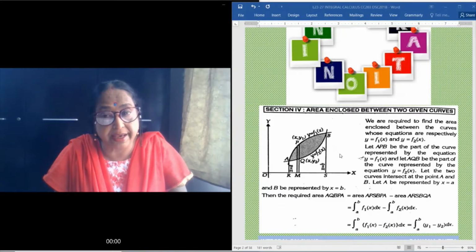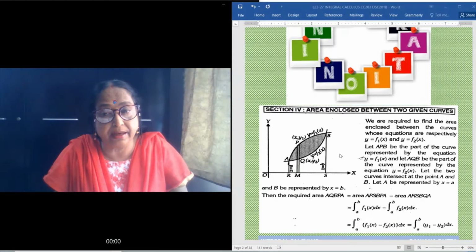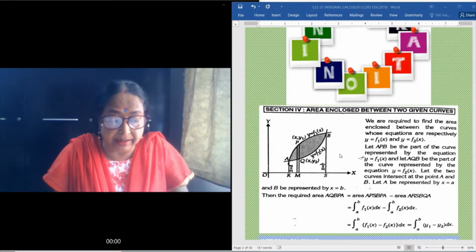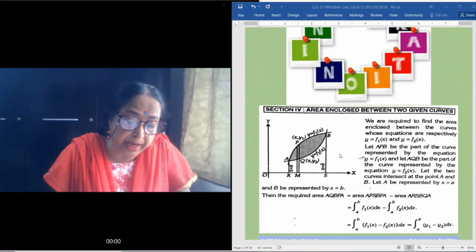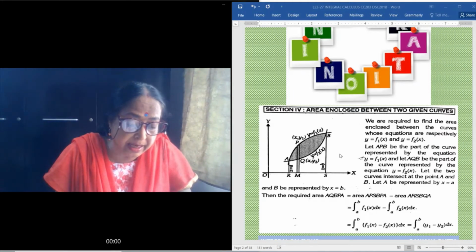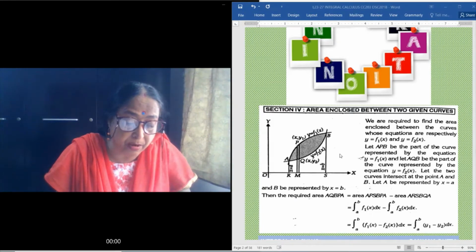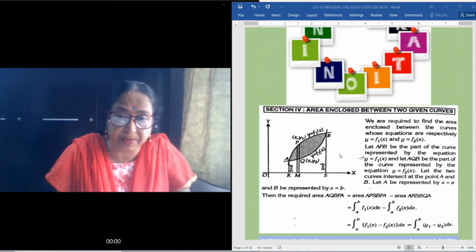If it is x1 minus x2 into dy, then the limit will be for y, that is alpha to beta.